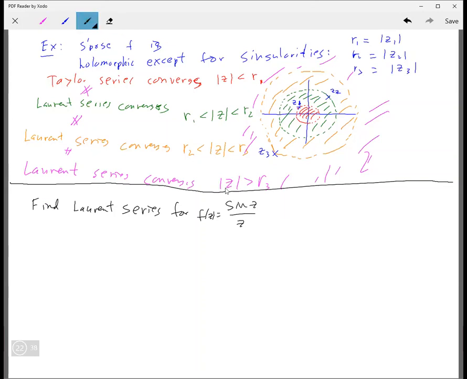Another way of saying that it's centered at 0 is to say it has powers of z. So, the Laurent series of sine z over z that has powers of z.